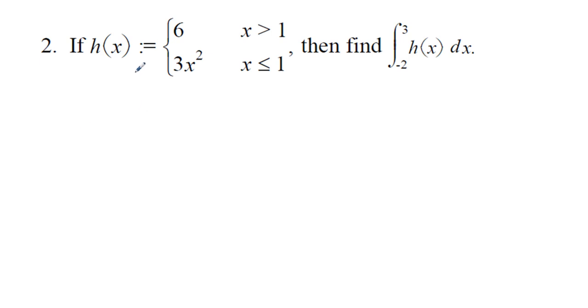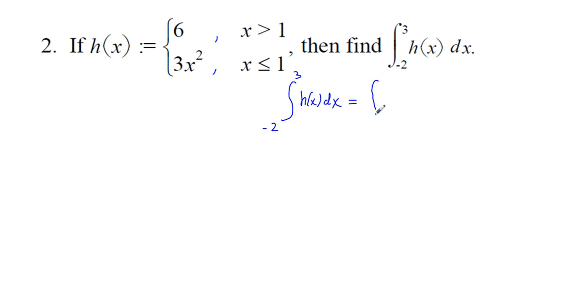Next, problem 2. If h of x equals the piecewise function 6 when x is greater than 1 and 3x squared when x is less than or equal to 1, then find the integral from negative 2 to 3 of h of x dx. So I'm going to split this up. What we look for is our breakpoint, and it looks like 1 is our number of transition.